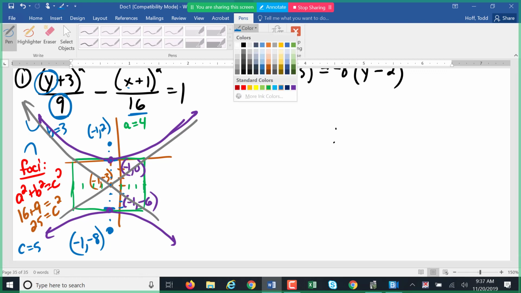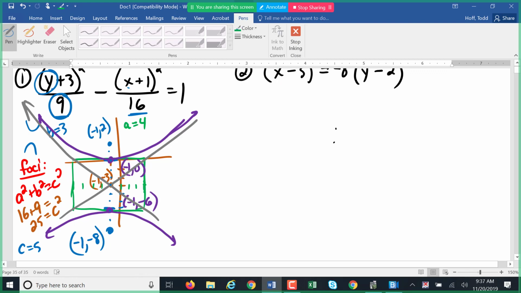The other thing I could find are the equations of those asymptotes. I know that the slope of this asymptote here is 3 over 4, b over a. This asymptote here is going to be just the opposite, negative 3 over 4. We know that both of them go through that center point of negative 1, negative 3.